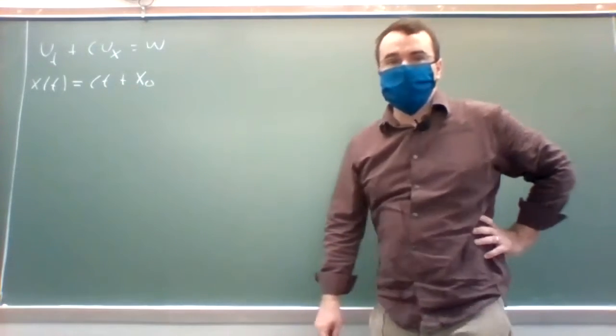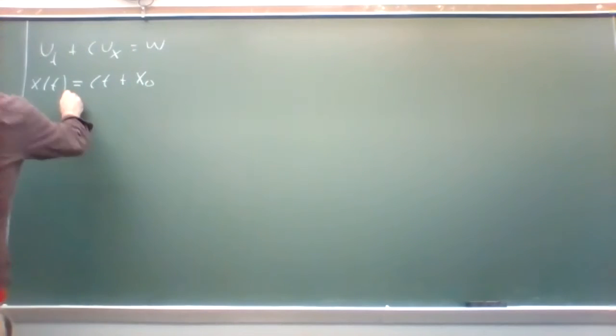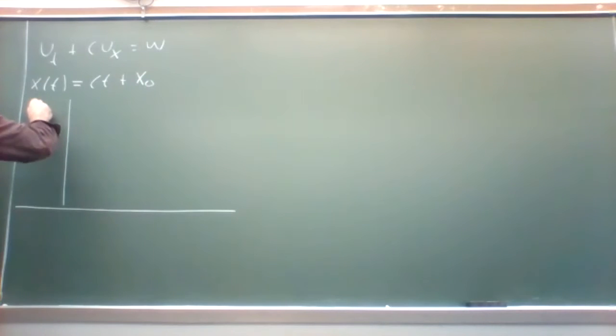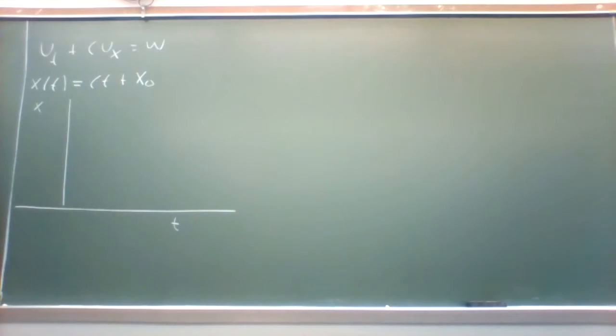And if you draw a graph of what you're seeing, here's a graph of the xt plane, and you might call this h for the upper half plane, and here's your infinite string.